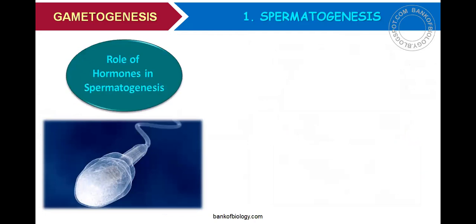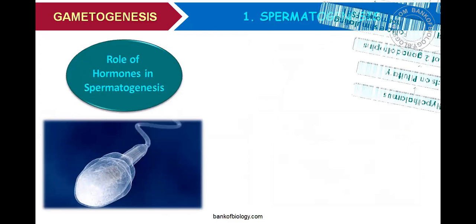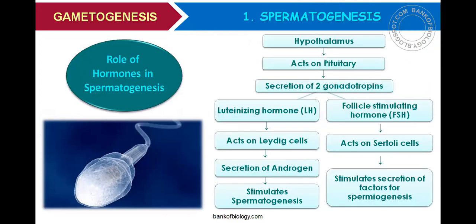Then the role of hormones in spermatogenesis. We had some discussion about this last week, just revising this area. The hormone GnRH from the hypothalamus: the gonadotropin releasing hormone released from the hypothalamus acts on the pituitary, which secretes two gonadotropins, FSH and LH. FSH, follicle stimulating hormone, acts on the Sertoli cells and stimulates the secretion of factors for spermiogenesis.